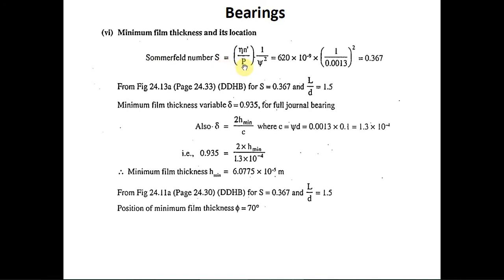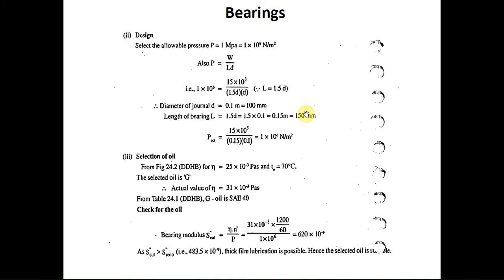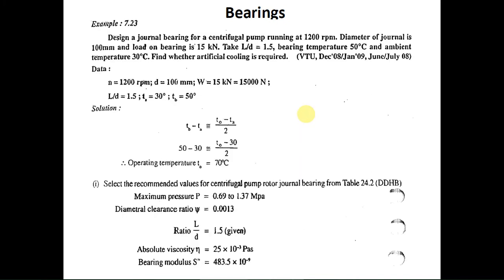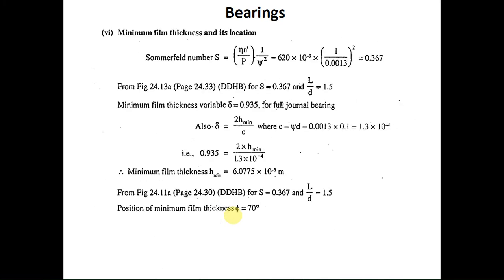You put in all the values: viscosity eta, N dash, P, and the diameter clearance ratio squared, which is given as 0.0013. You have to utilize that here. Put in the values, and with 0.367 you get the Sommerfeld number.